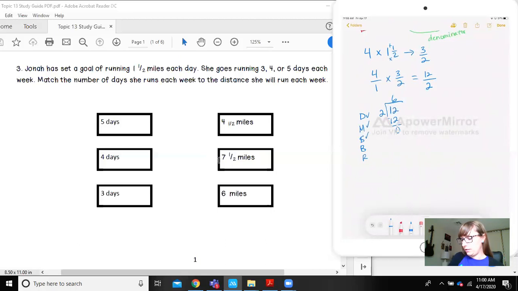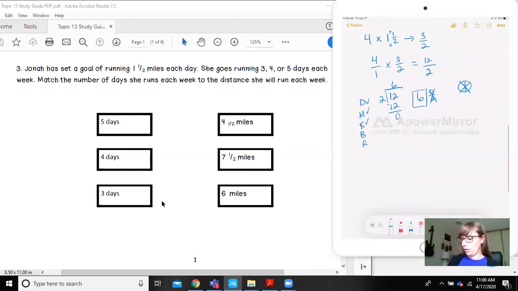So in this case, we wouldn't want to say 6 and 0 over 2, because if there's 0 in our numerator, that's like saying there's a pie that's cut in half, but there's 0 pieces. Well, then that means there's no pie. So we don't do this, and we just say 6. So that means she ran 6 miles if she ran for 4 days. So 4 and 6 would go together.